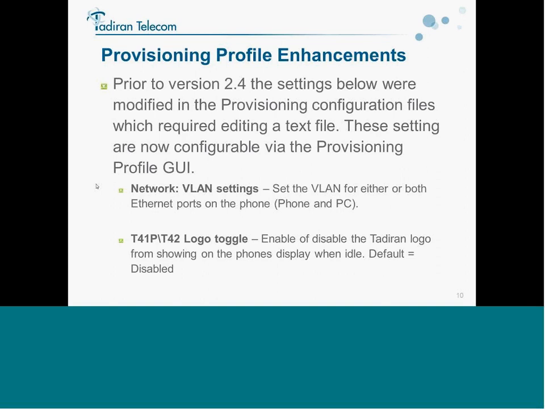Two of the more common things that were typically being changed were to enable VLANs, as well as to turn off or on the logo that toggled on the T41 and T42 phones. So we've taken those and put them into the GUI, so you don't need to go into the config file and edit it. You can do it right through the GUI now.